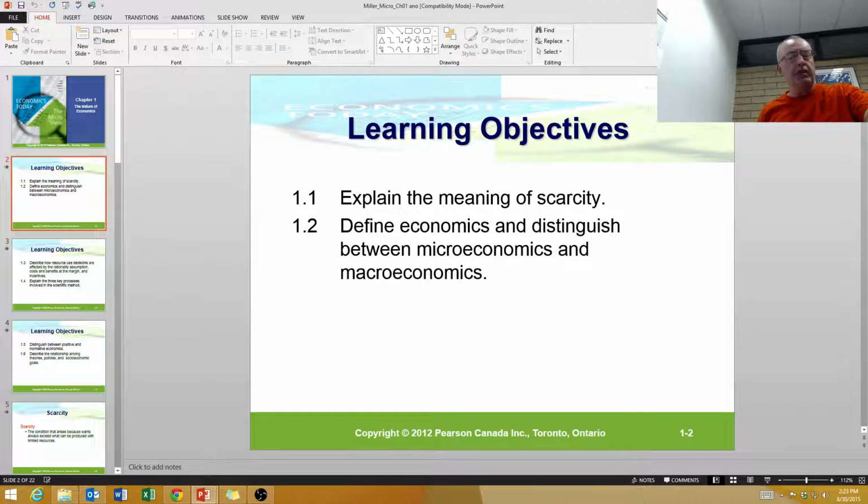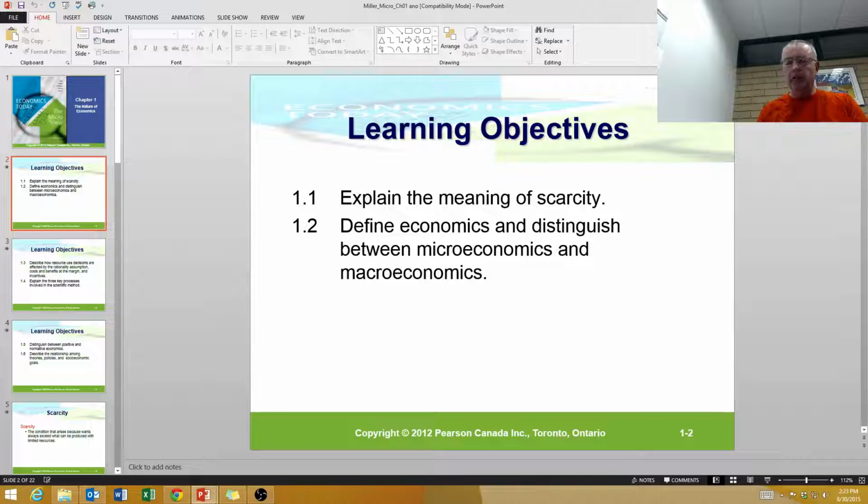The first three chapters in both textbooks contain quite a bit of fundamental economic principles, and chapter 1 is the first of these chapters of the introductory stuff. So all this stuff applies to both micro and macro.